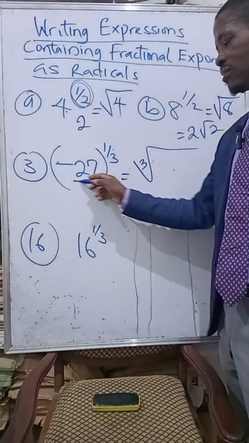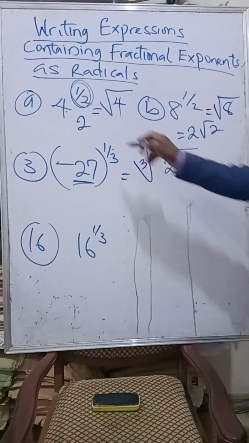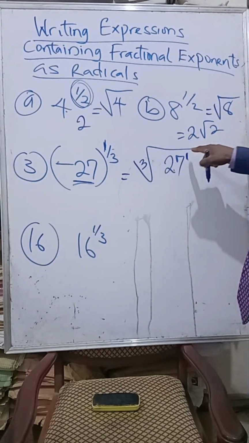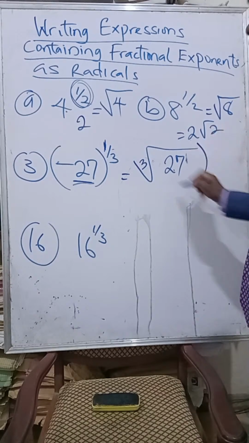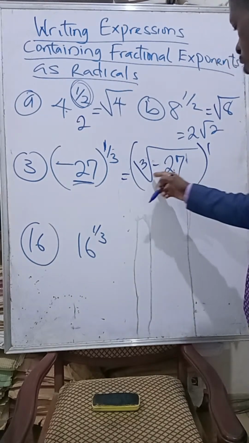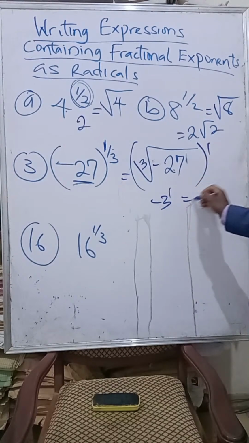The base will be inside, will be here. So the numerator could be here, or outside. So the choice is yours. And don't forget the minus, it's minus 27. Which implies cube root of minus 27 is minus 3 to power 1, and that's minus 3.